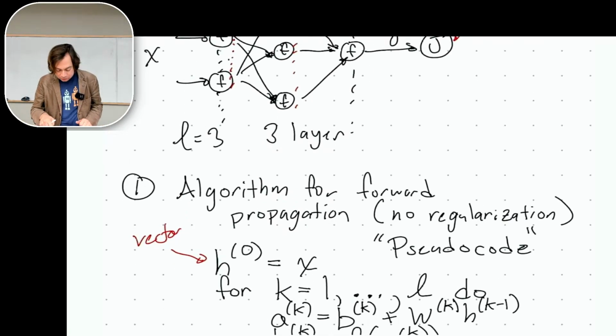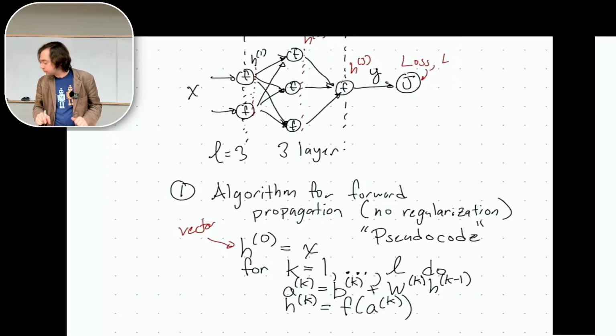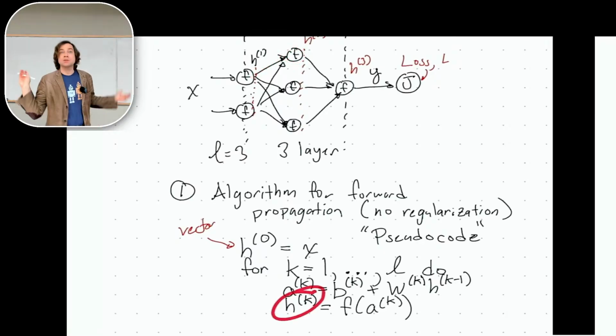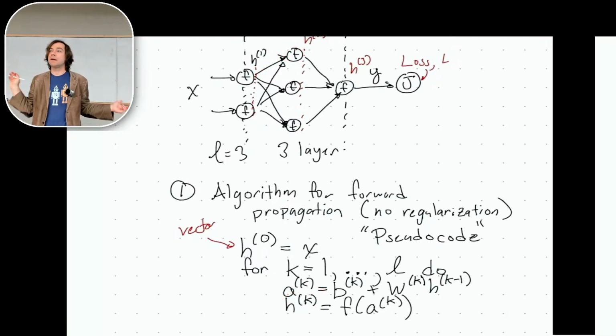So what that a is doing, and I'll zoom out a touch, all it's doing is taking the output of the previous layer and multiplying it by all the weights, and then adding them as they go into each of these nodes. That's all it's doing. Then once it goes in, it comes out as h after it's gone through the activation function.